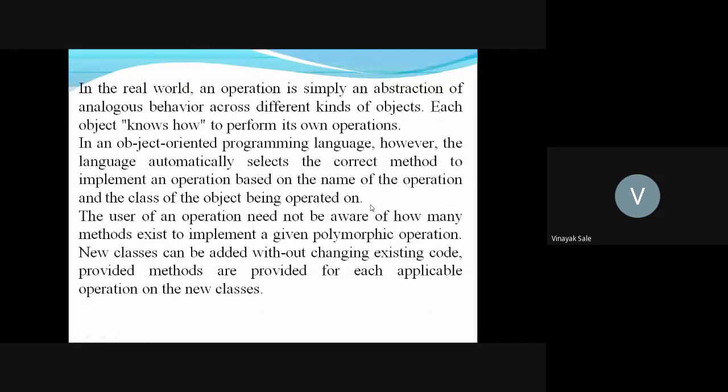The user of an operation need not be aware of how many methods exist to implement a given polymorphic operation. New classes can be added without changing existing code, provided methods are provided for each applicable operation on new classes.